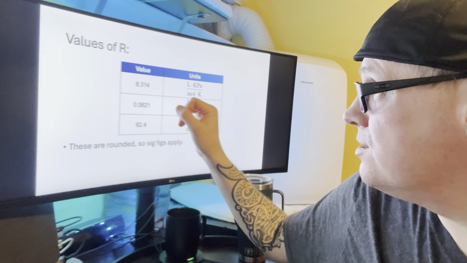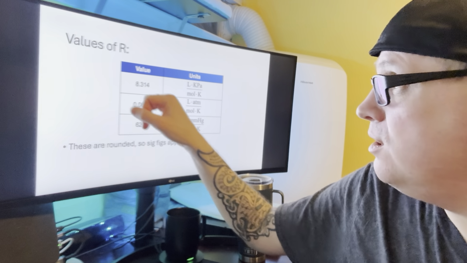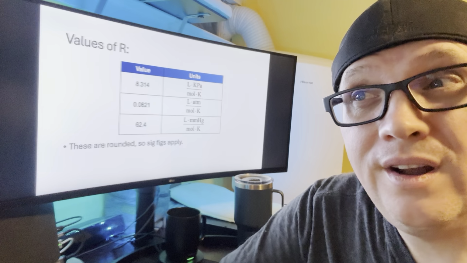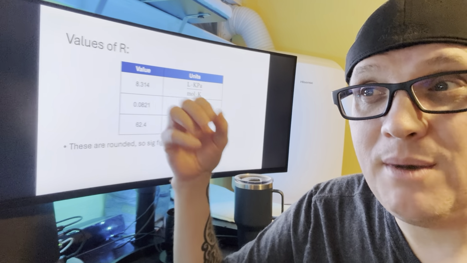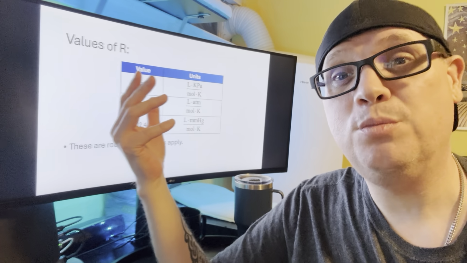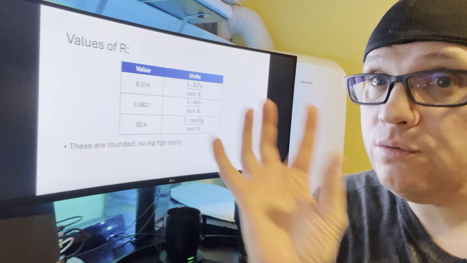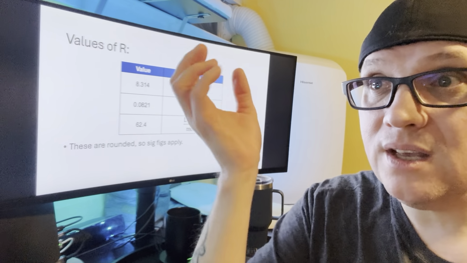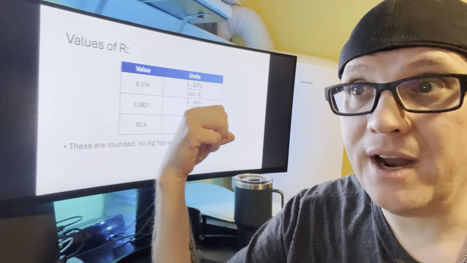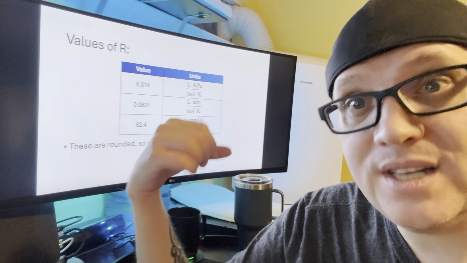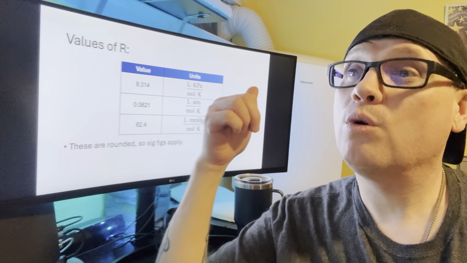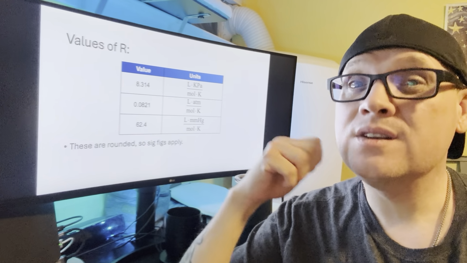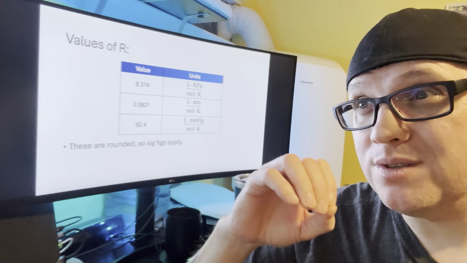Is it liters and kilopascals, moles and Kelvin? Then it's 8.314. Liters and atmospheres? Then 0.821. Millimeters of mercury? Then it's 62.4. These are all rounded. The bottom two are 3 sig figs each, so that will affect the precision of my answer, whereas the top one is 4 sig figs, so it will probably be a little more precise in calculations.